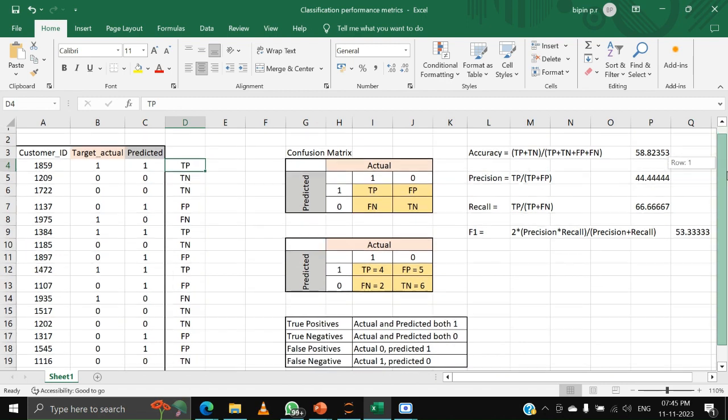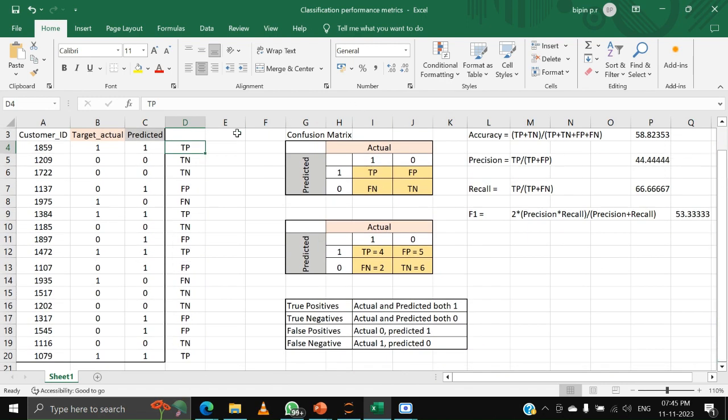You can count it: one, two, three, four. So 4 true positives. How many false positives? This is 1, 2, 3, 4, then 5. So 5 false positives. Similarly, you count false negatives and true negatives.